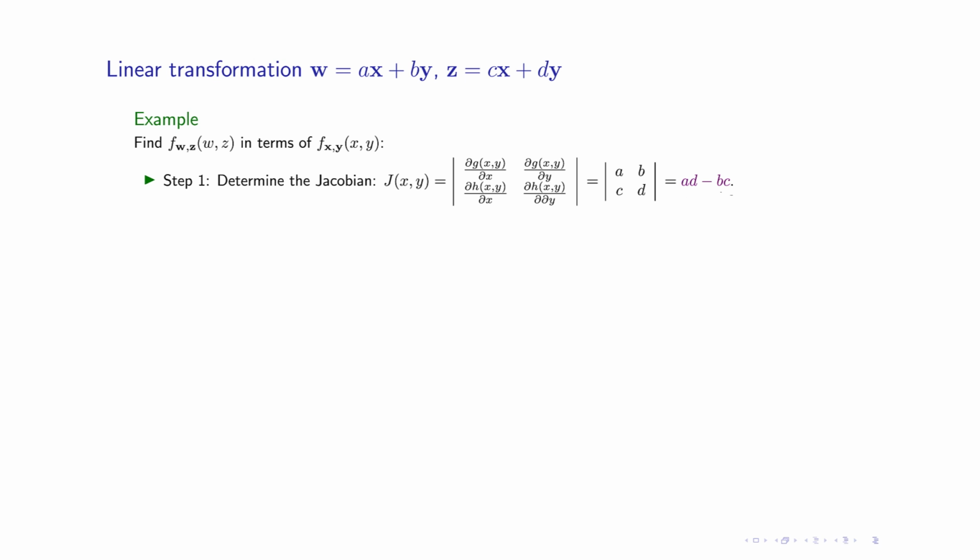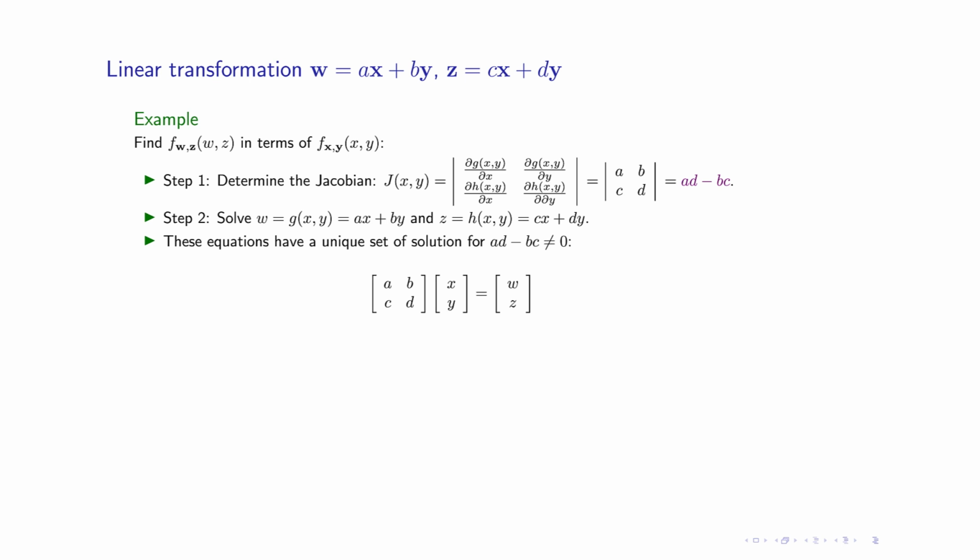Now if this Jacobian is non-zero, then I have a unique solution. If we solve these two equations, we can write it in a matrix form, and then you get X, Y equal to the inverse of this matrix times W, Z. If you write the inversion in terms of that and then simplify, you get this.